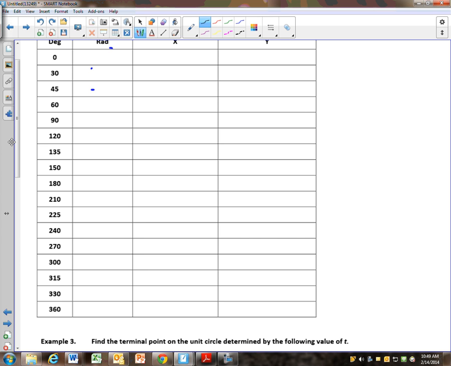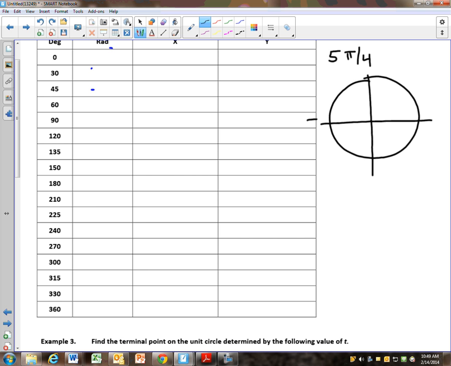Let's do 5 pi over 4. Pi over 4 is how many degrees? 180 divided by 4 is 45. So I travel 5 45-degree increments to get to that spot: 1 pi over 4, 2 pi over 4, 3 pi over 4, 4 pi over 4, 5 pi over 4.